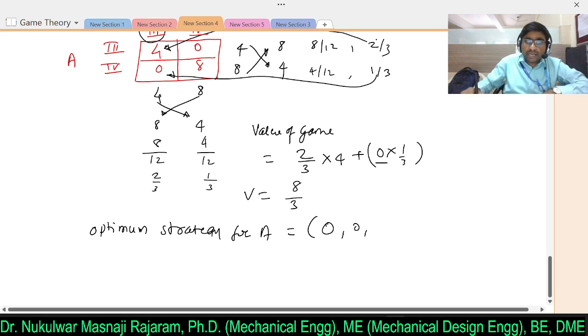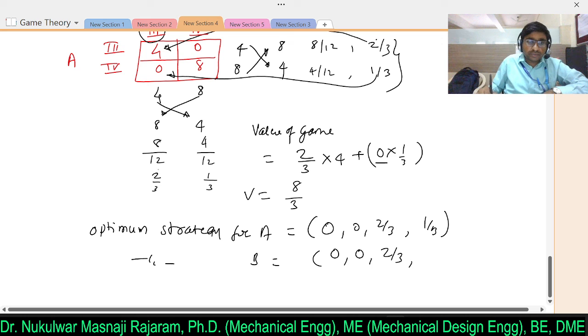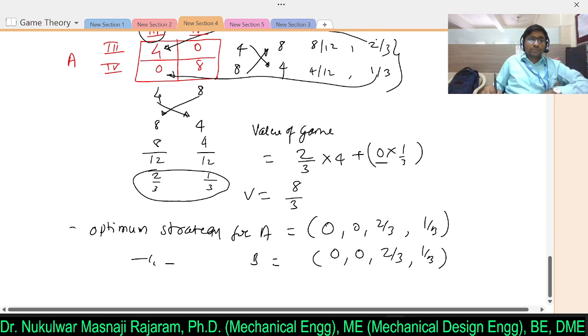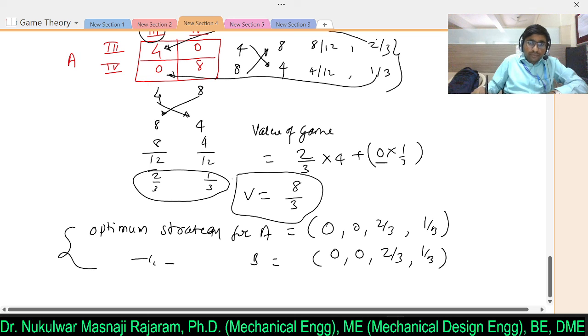Now here I will write third strategy in 2/3 times and 1/3 times fourth strategy, that is the odd mates of A. So likewise for B I can write, again we have deleted strategy 1 for B, 2 also we have deleted, then we can write odd mates of B. So these odd mates I am writing 1 by 3. So these are the optimum strategies for A and optimum strategies for B, and value of game will be 8 by 3.